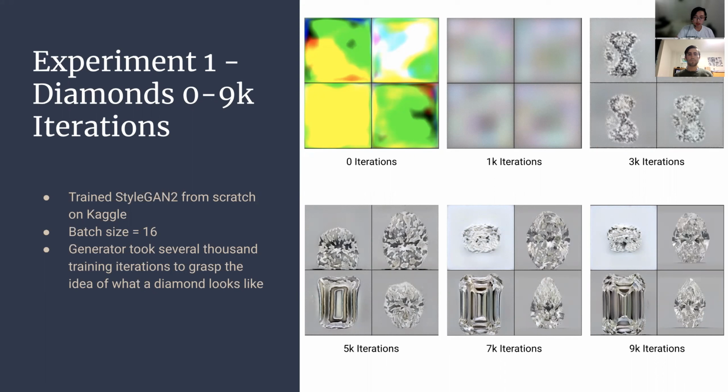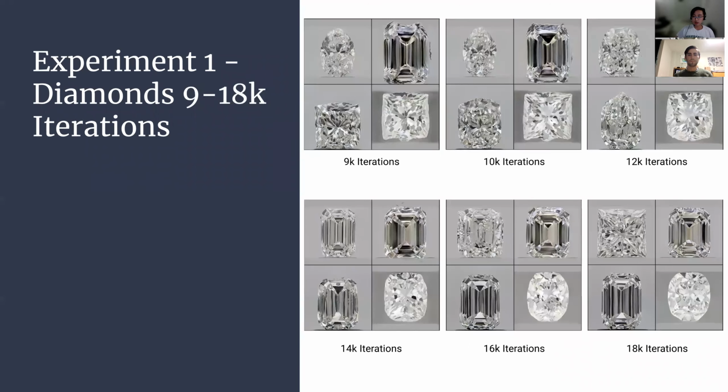For this runtime, we stopped at 9,000 iterations because of the time limit on Kaggle. And what we would do is just resume training for 9,000 iterations at a time. These are images for the second round of training, from 9,000 to 18,000 training iterations. You can see that the generator is definitely improving over time.